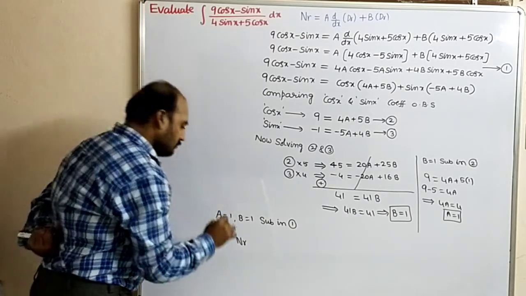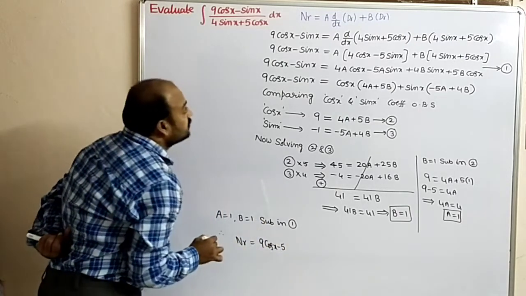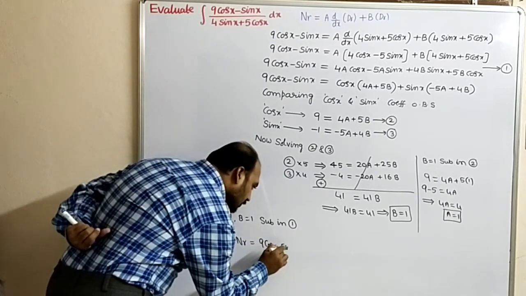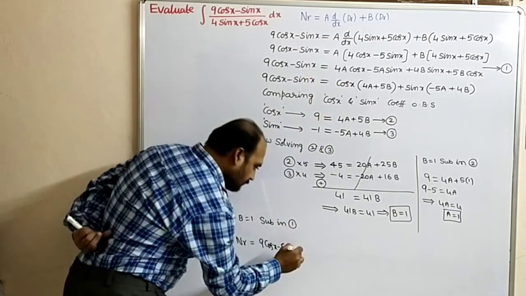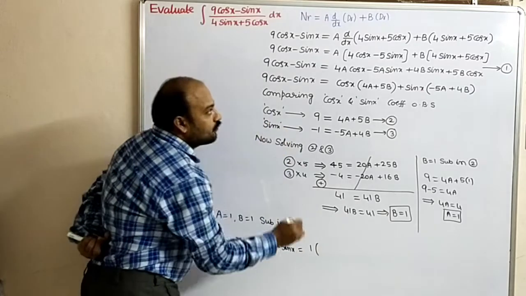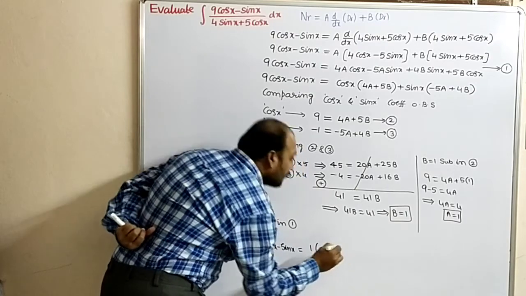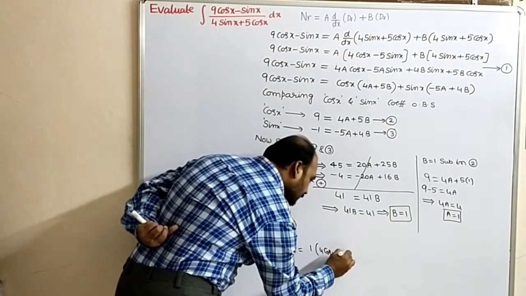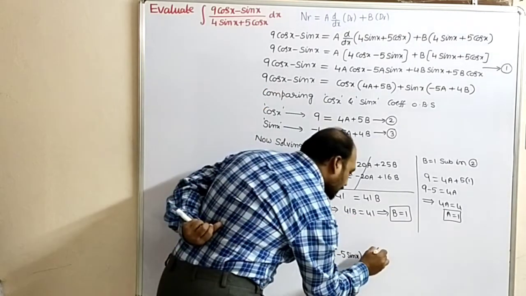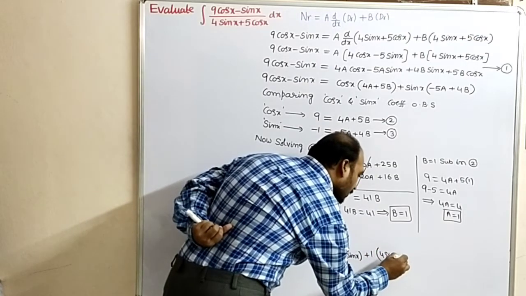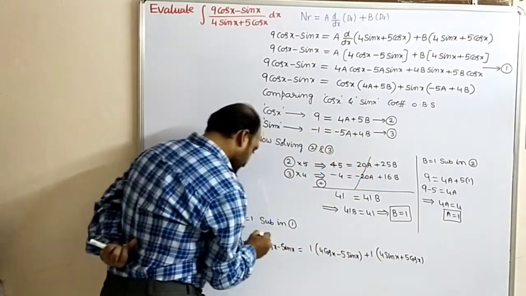Therefore the numerator 9 cos x minus 5 sin x, only sin x, not 5 sin x, which is equal to, in place of a, 1 into bracket 4 cos x minus 5 sin x, plus b value is also 1, bracket 4 sin x plus 5 cos x. This is the numerator value.